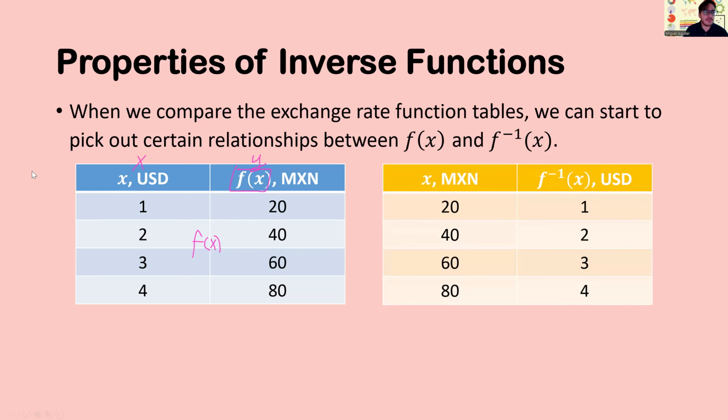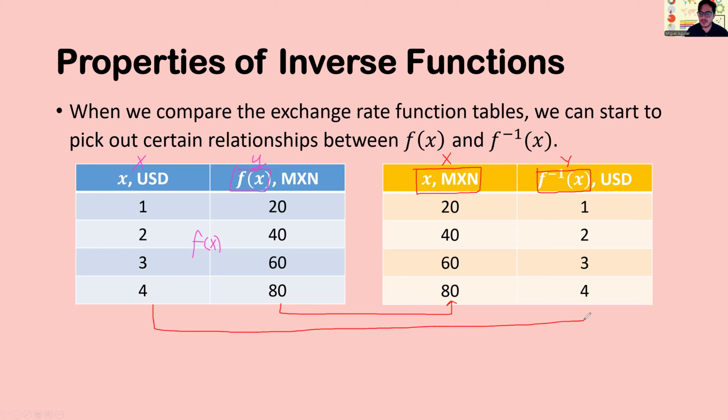Now, in a different color, this is my new x value column, but in reality, they were the y values from my original function. And then this column over here, which is typically my y values, originally those numbers came from the x column of the original function.